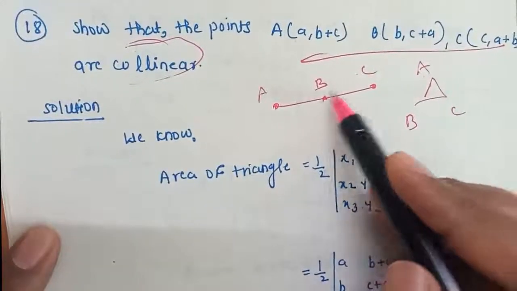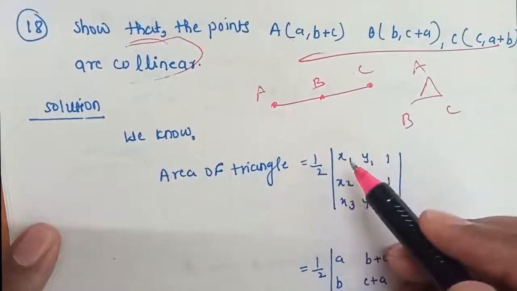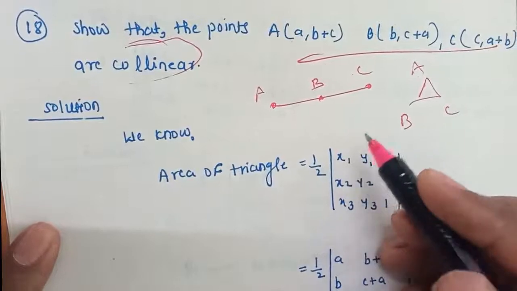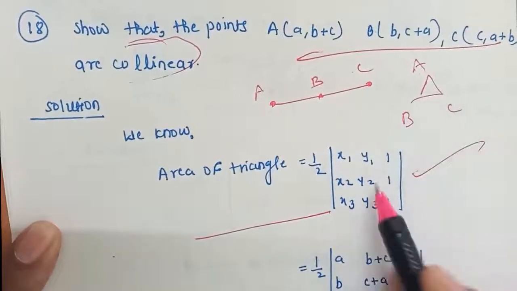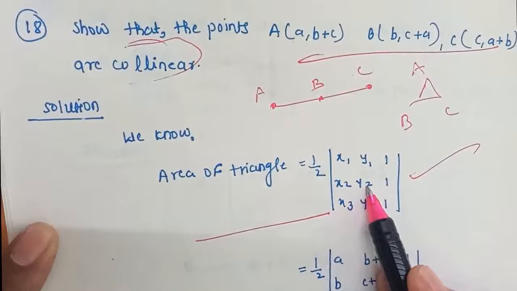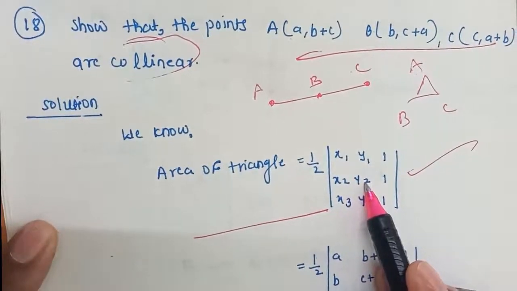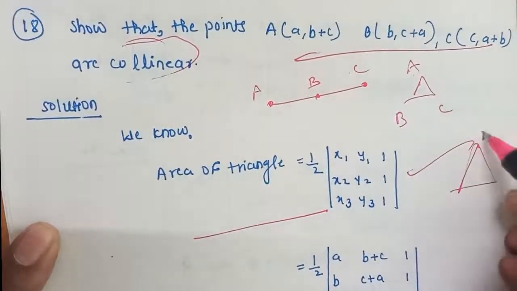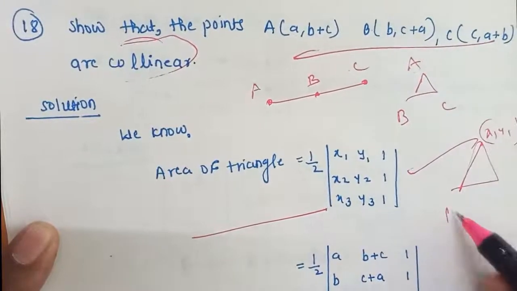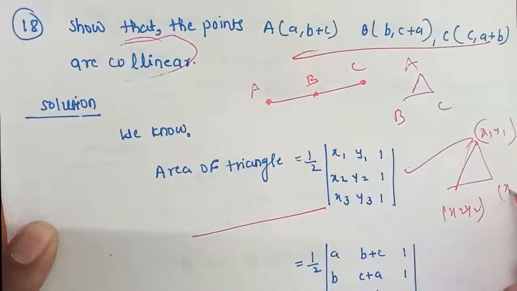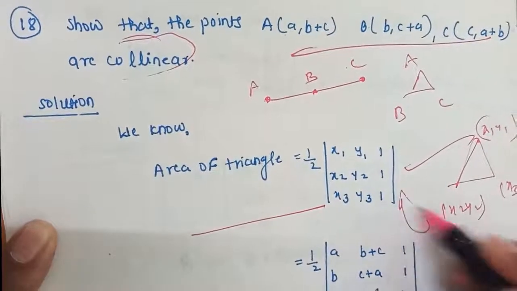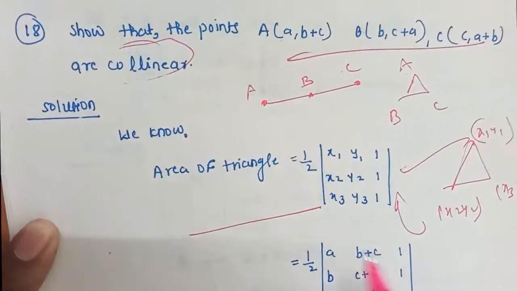Now see, since this problem comes under determinants and matrices, we know the area of the triangle formula. Previously, in the first lecture, I explained it. When the triangle has coordinates x1, y1, x2, y2, and x3, y3, I can write the area of the triangle by this formula.